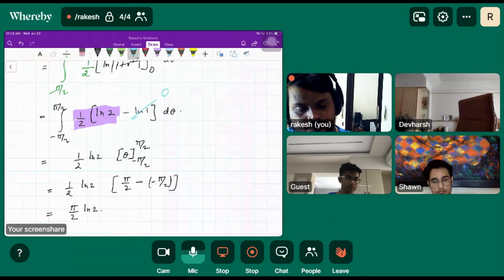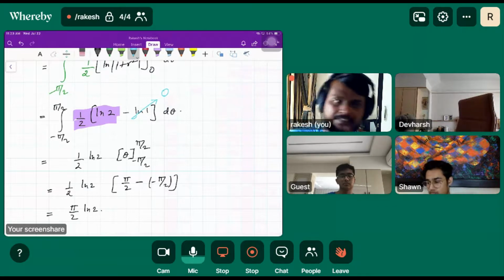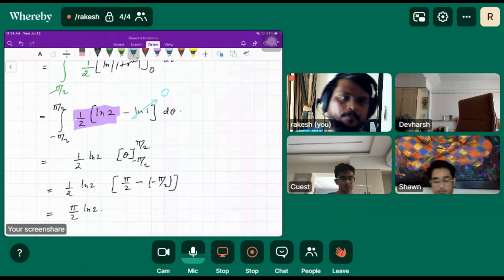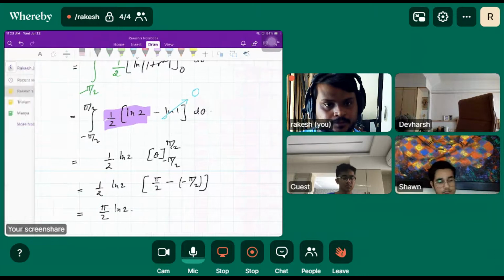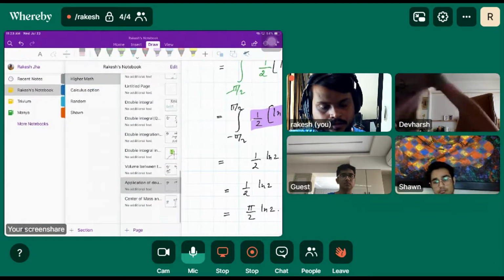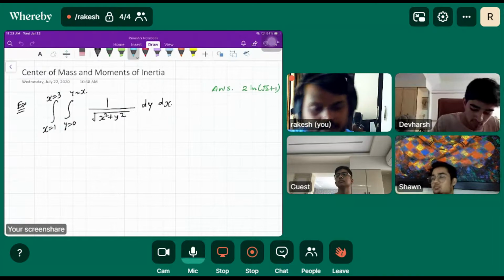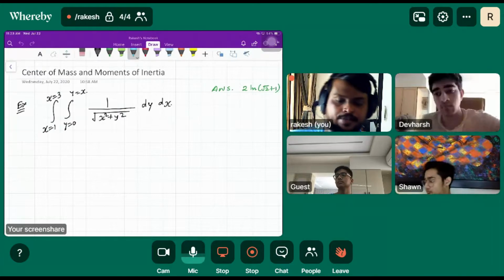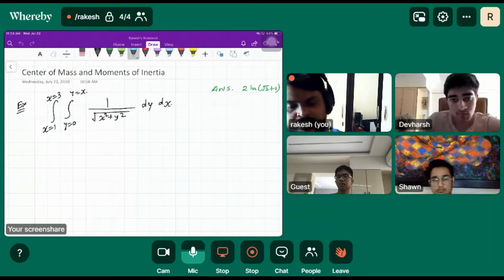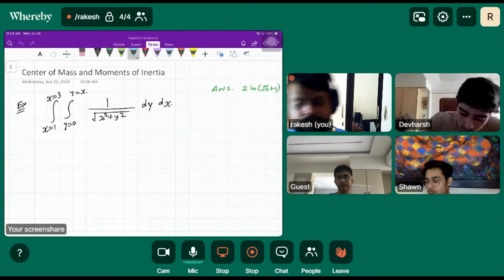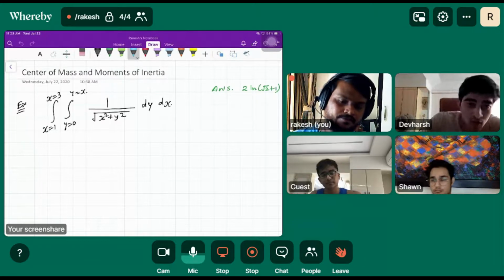This ln 1 is 0. So the next question is this one. I give you just 5 minutes to set up the integral, and then we'll talk about that.